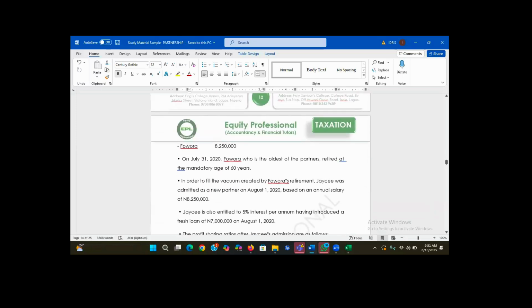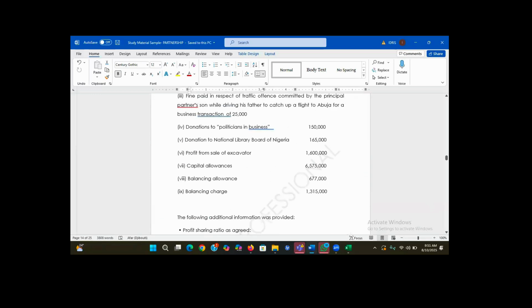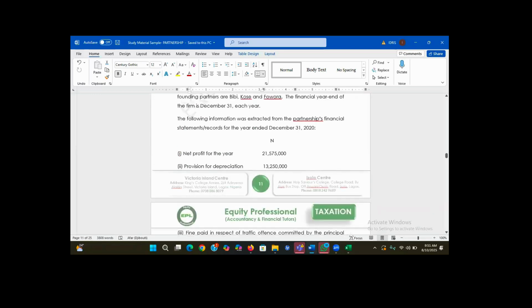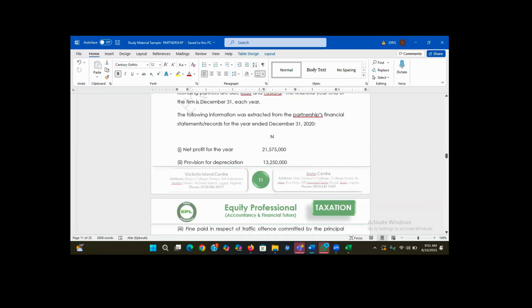In this question, what is our net profit? 21,575,000. That is our net profit. Add the disallowable expenses. What are the disallowable expenses?